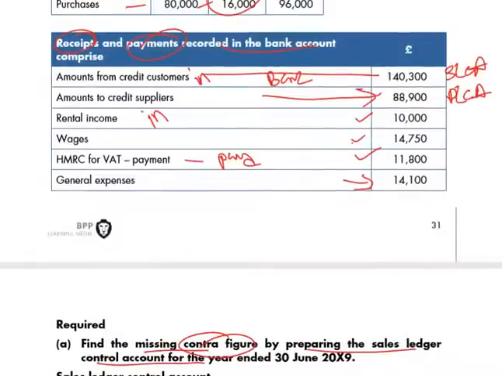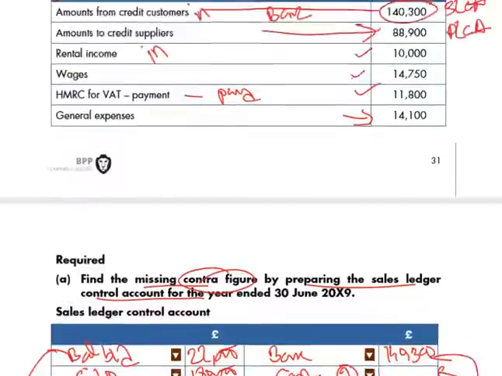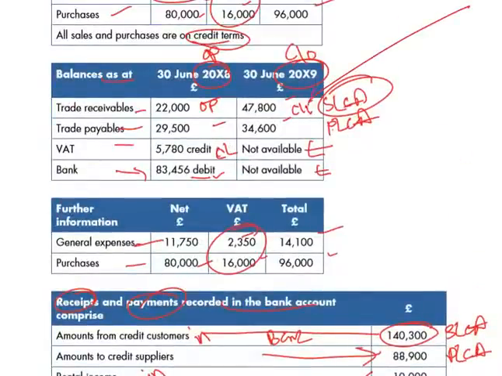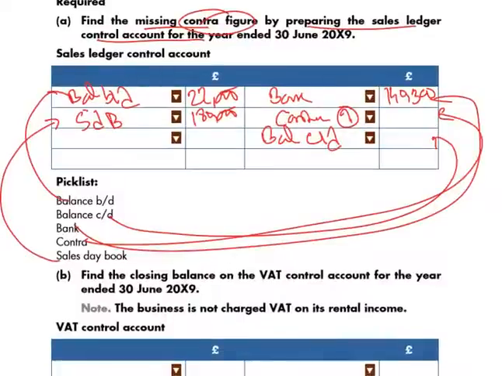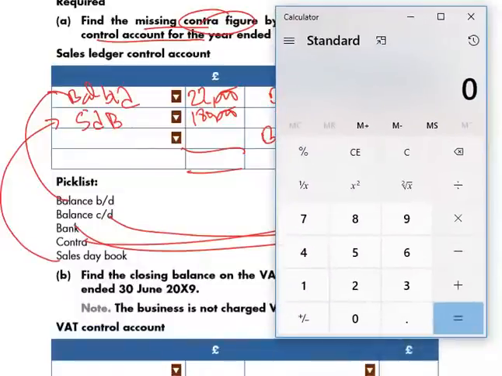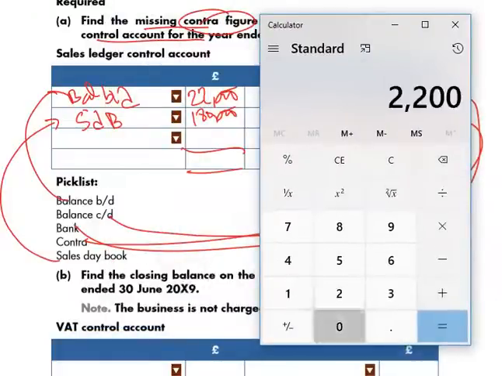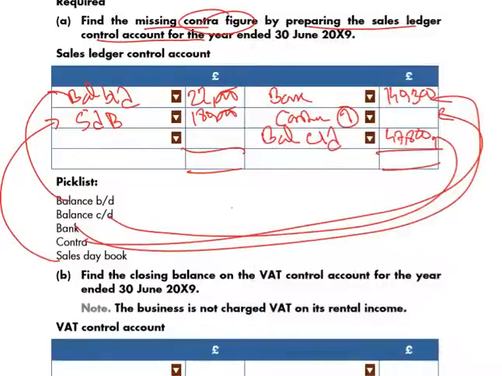Bank, how much bank? 140,300. That's how much money we received from customers. And how much is the balance CD? Look at this big arrow. It's 47,800. That's it, people. To the total, this time the debit side should be bigger. Taking the calculator on screen: 22,000 plus 180,000 equals 202,000.